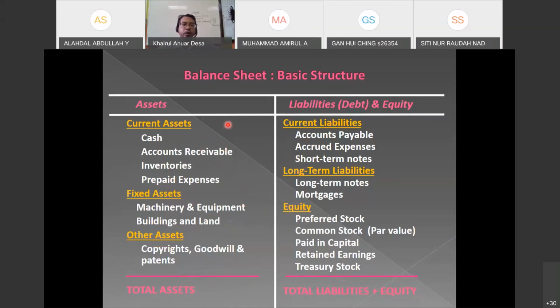So, what is the meaning of current here? Apa maksud current di sini? Current asset, current liability. Semasa, okay. Apa makna semasa?